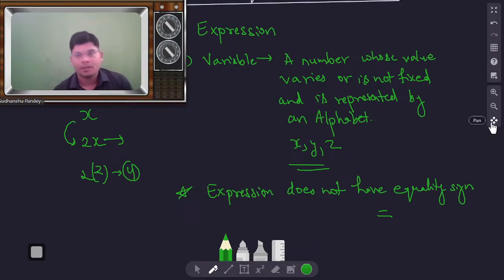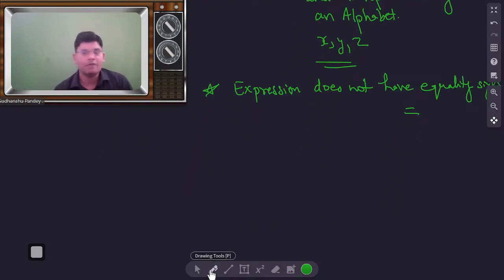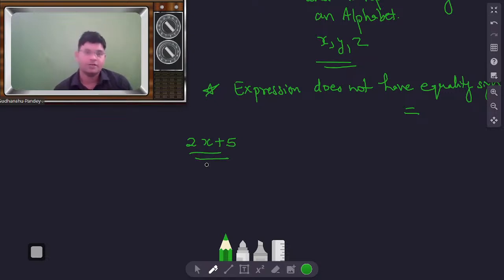Suppose I am giving another example of an expression. So I can write 2x plus 5. This is an expression. Expression means I am doing an operation on a variable. What is the operation that I am doing? I am multiplying the variable by 2 and then adding 5 to the product.